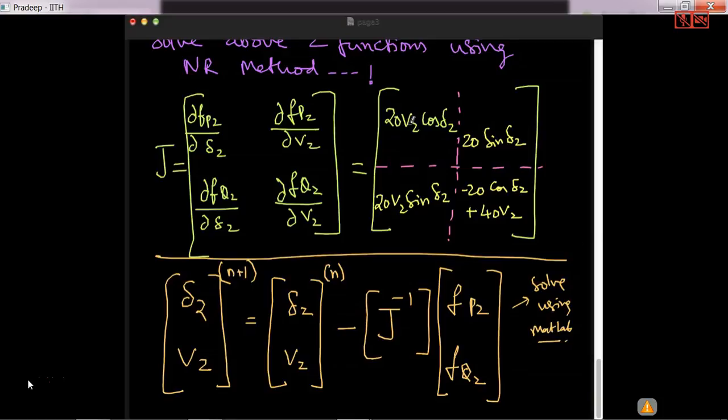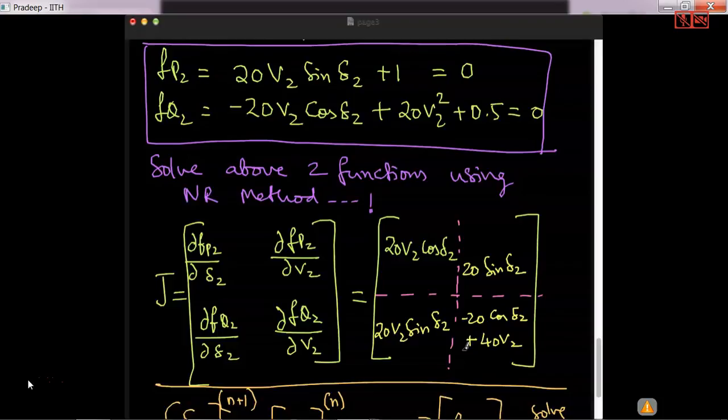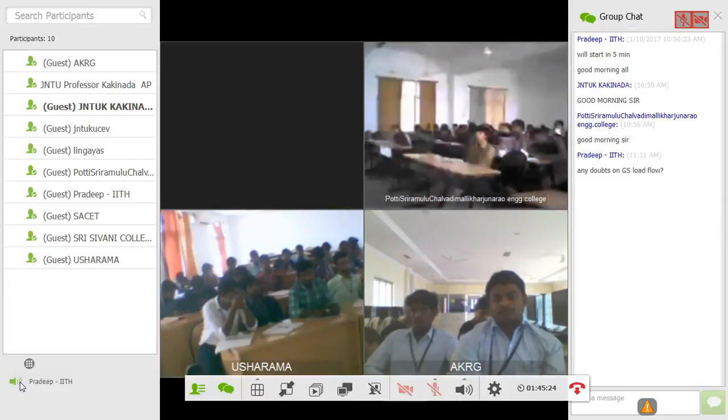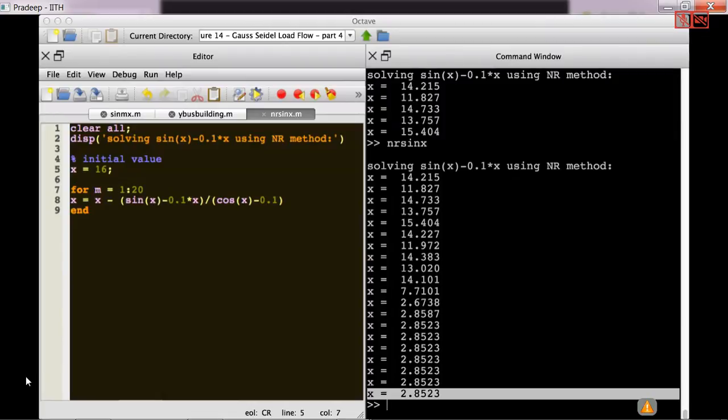So I have substituted everything and we have enough material to go to my MATLAB interface. So I go to the class. I'm creating a new file.